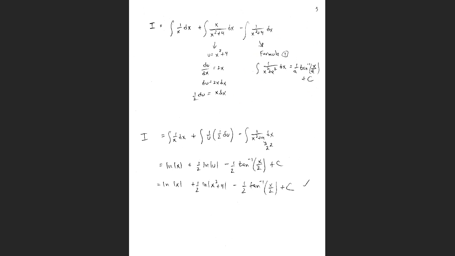It's pretty clear. x squared plus 4 equals u, and x dx is just 1/2 du. And so we get down to this step here, and then it's pretty straightforward, I think, finishing the rest of it. But let me know if you have any questions.